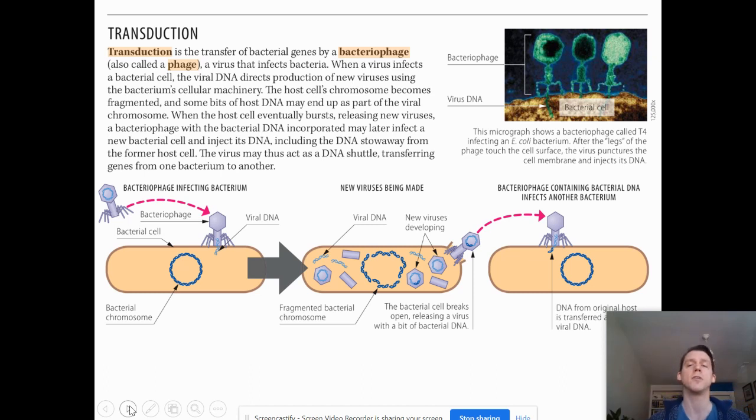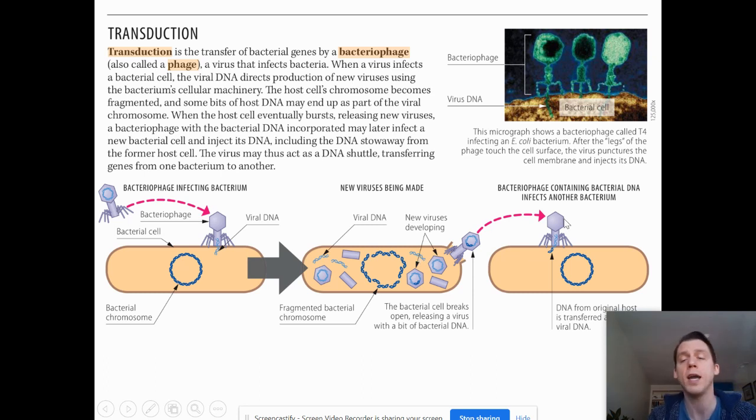Then there's transduction. This involves a bacteriophage, which is a virus that infects bacteria. Bacteriophages will inject their DNA, and then they will force the bacteria to make more viruses, right? Sometimes, though, when that happens, the virus will chop up the host DNA, and sometimes a mistake happens where some of that bacterial DNA that's just been chopped up makes it onto the viral DNA.